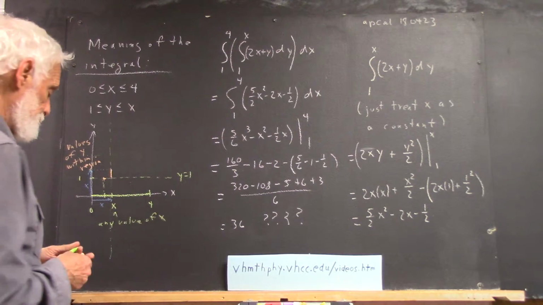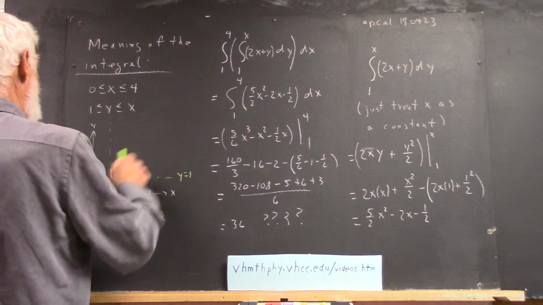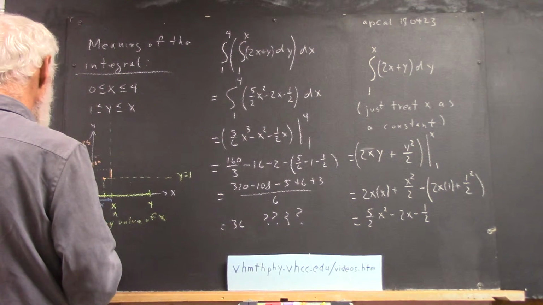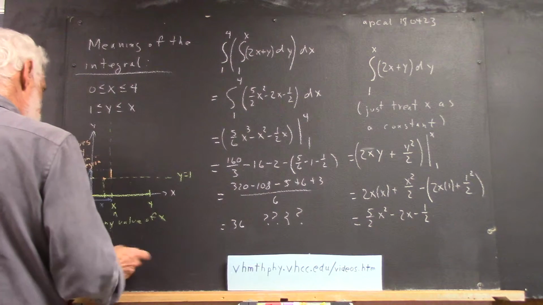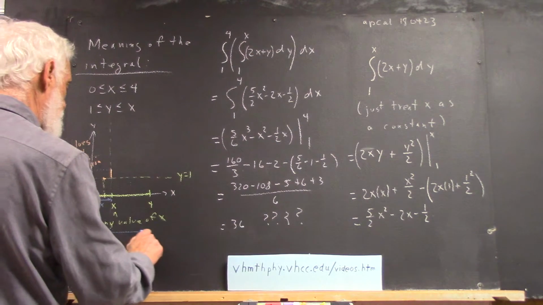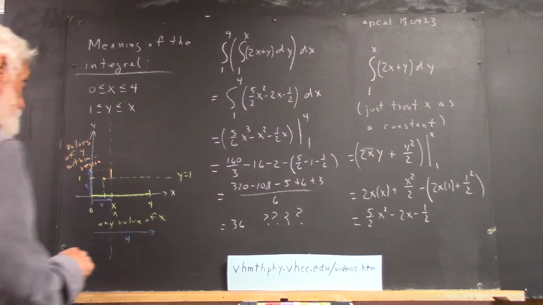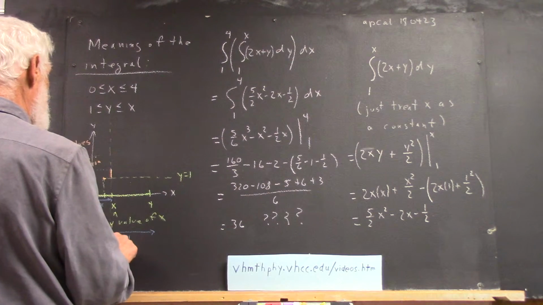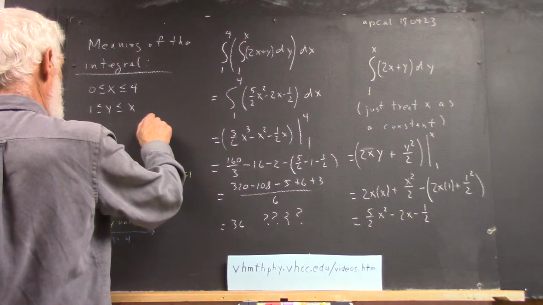Okay? Now by the time you get out to x equals 4, you would have another arrow here of 4 units, right? So now x could be 4. And you do an arrow 4 units long up here.